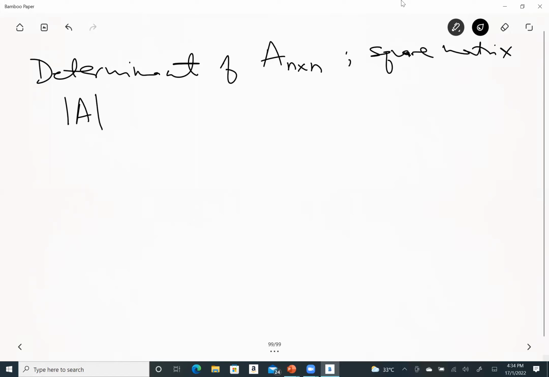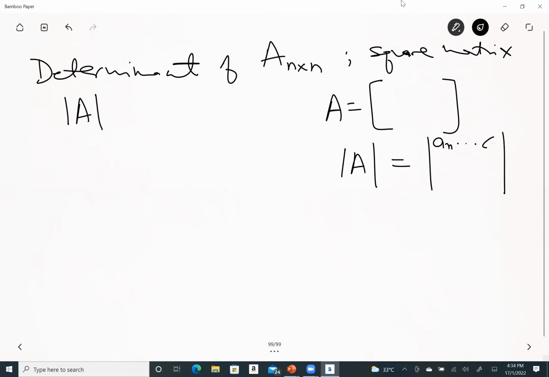For matrix A you use brackets, but determinant of A is written with a straight line, with entries A11 up to A1n, all the way to Am1, Amn.